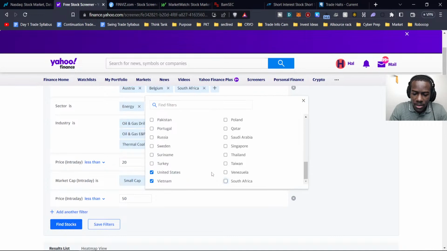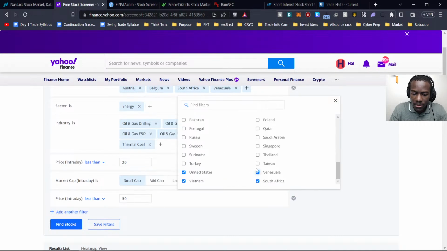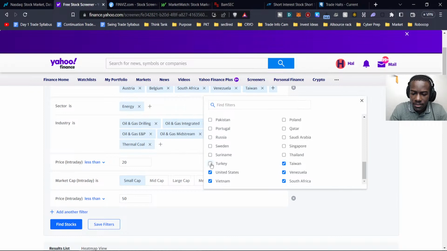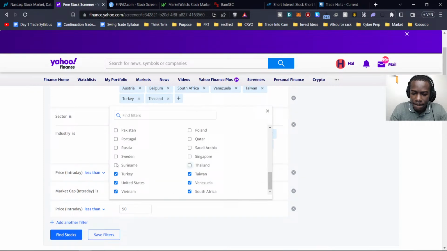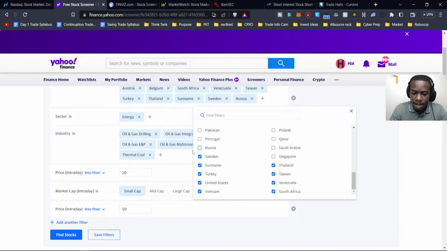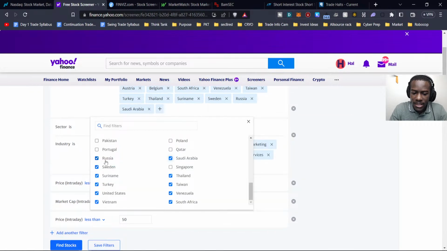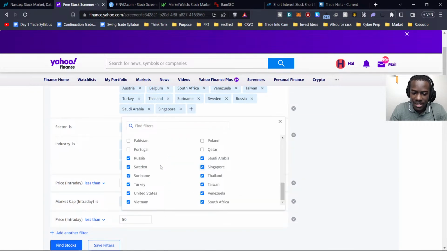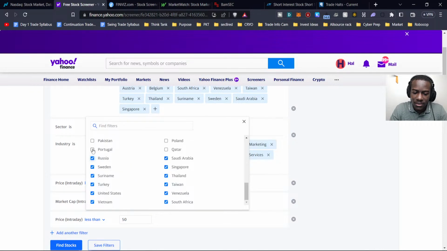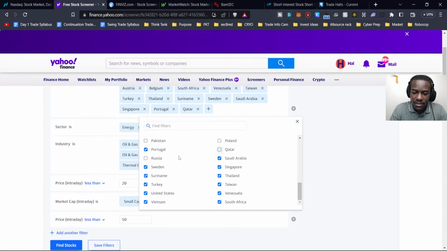Ooh, this is a lot of check marks. Well, I guess we can't do Russia because Russia is the one that's getting cut off. Don't want to invest in anything over there.